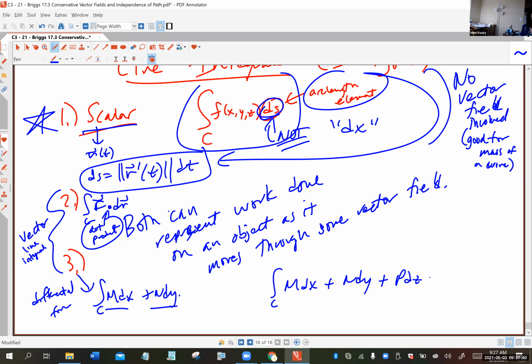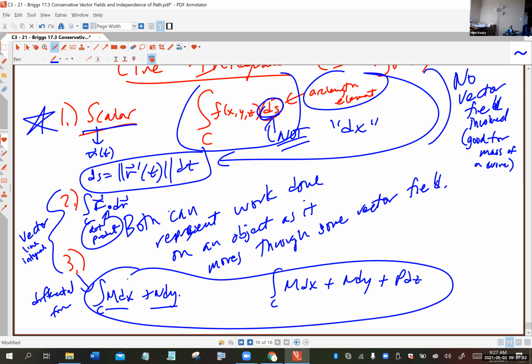You may get a differential form that's not exact, and you have a lot of work to do. The difference between 3 and 2 is that for this type, somebody did the dot product for you already. You have to do a lot of substitutions if the vector field isn't conservative.